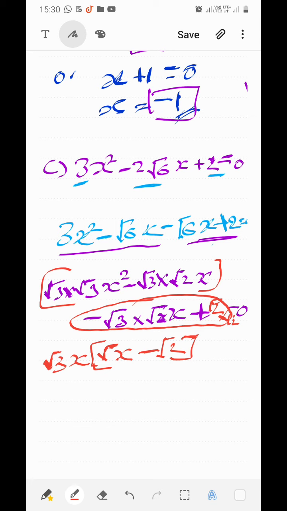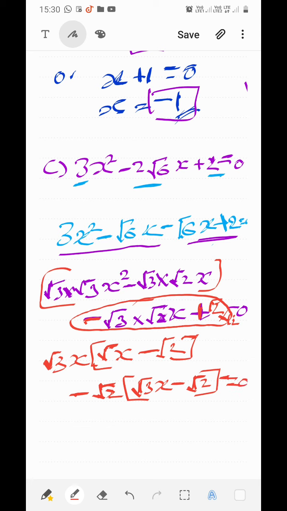But minus comes first, so we can take a minus from this plus also. So take minus root 2 out. Then what remains? Root 3 x, and if you take a minus from plus, minus remains, so minus root 2, is equal to 0.